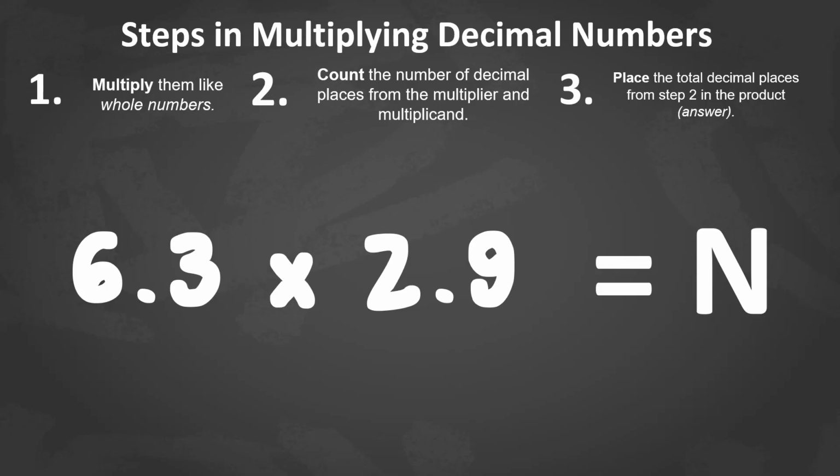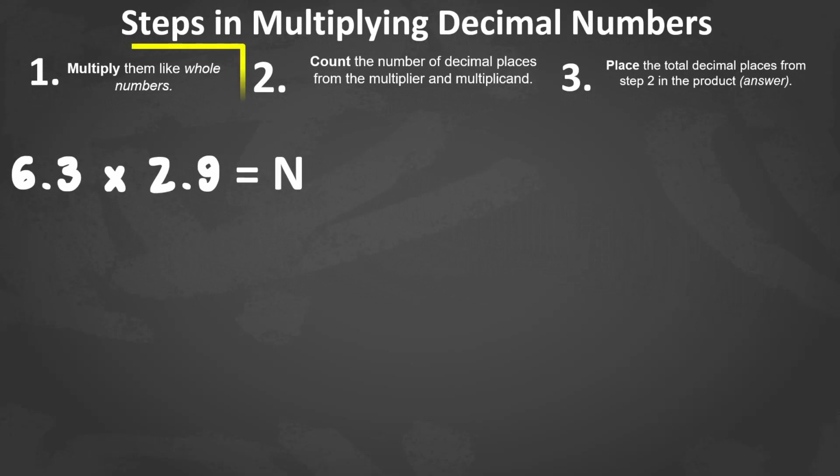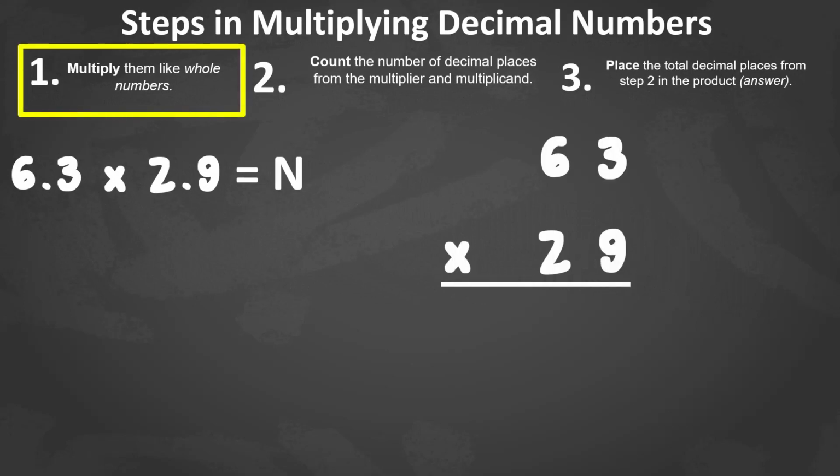Now, let's have another example. 6.3 times 2.9, or 6 and 3/10 times 2 and 9/10. Step number 1, multiply them like whole numbers. So, we are going to multiply 63 times 29. We start from the right, going to the left.